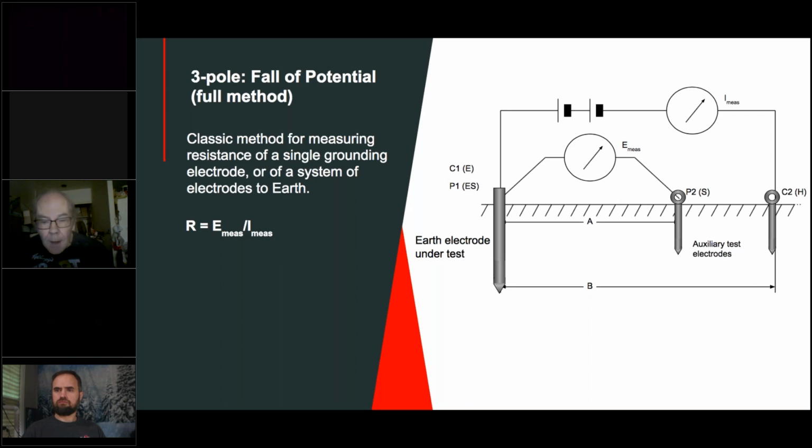You can do it either way. The tester is going to inject a test current into the ground. So you have a current terminal, and you take as long a lead as you can and drive a probe into the ground at maybe 100 feet away, let's say. Just try to get as much distance as you can.